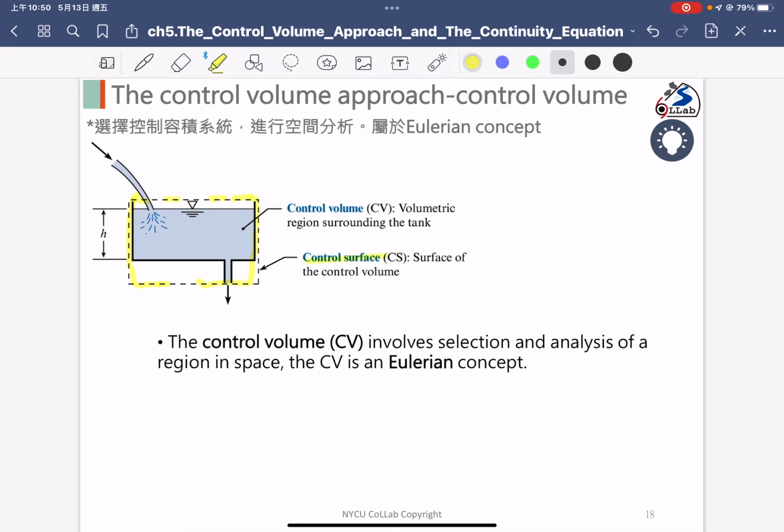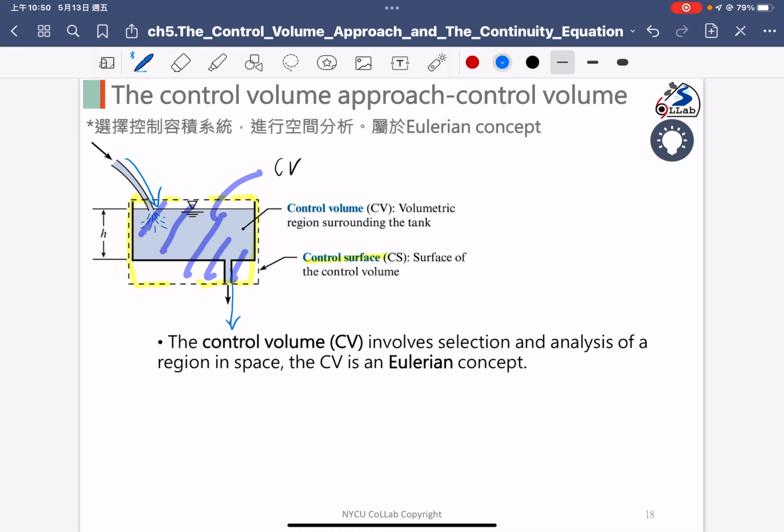Inside it, we call that the control volume, or CV. So how does the control volume differ from the closed system? You can see we have some input, and then we have some output.